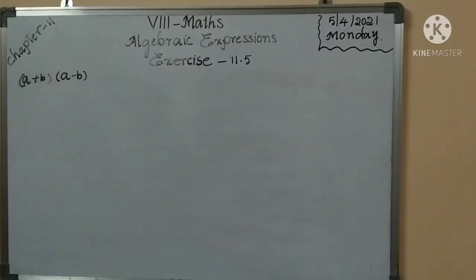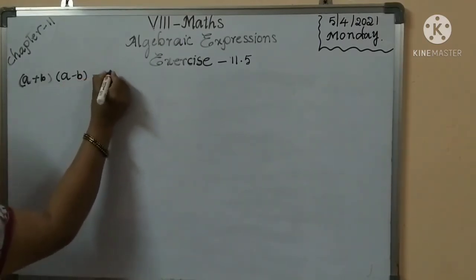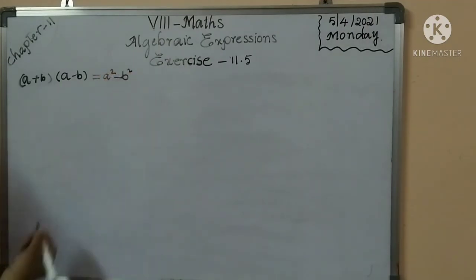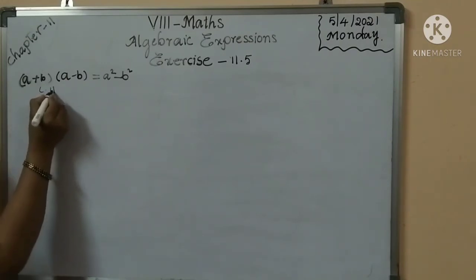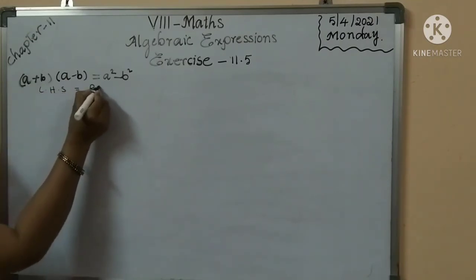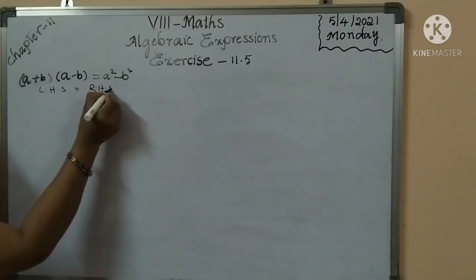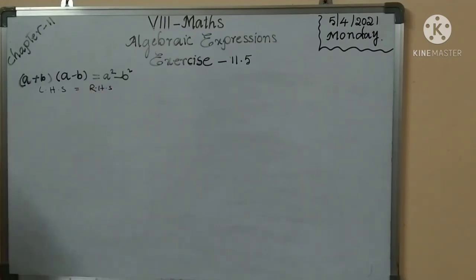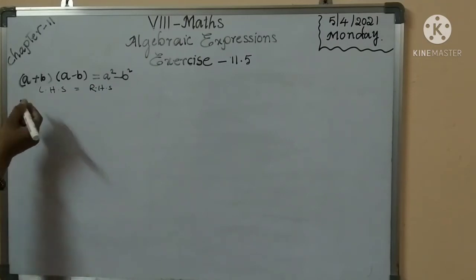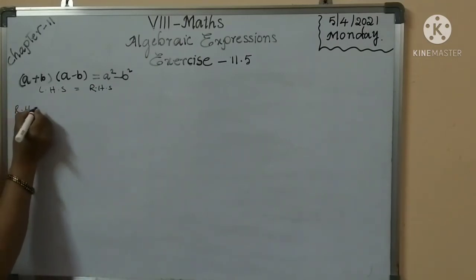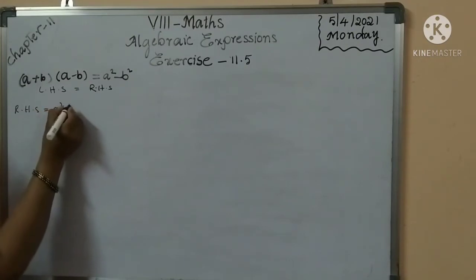So next, geometrical verification of the identity a plus b into a minus b is equal to a square minus b square. We prove that. First, a plus b into a minus b is LHS and a square minus b square is RHS. So RHS is equal to a square minus b square.